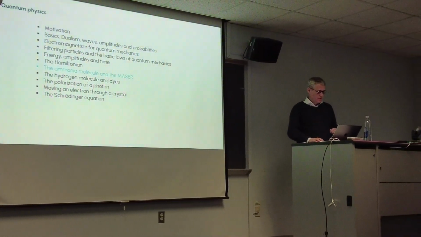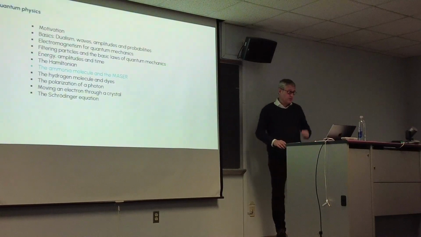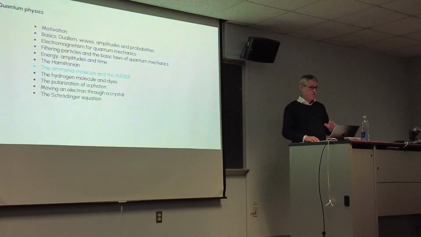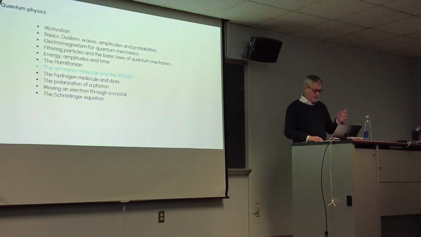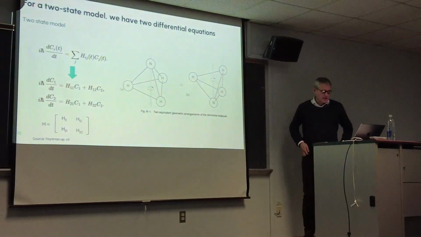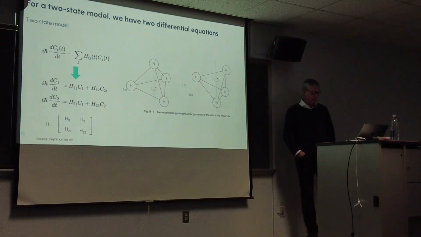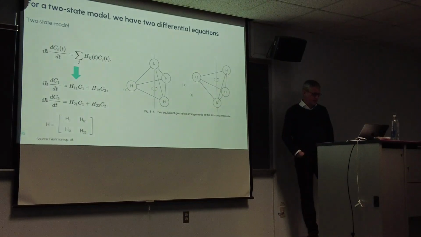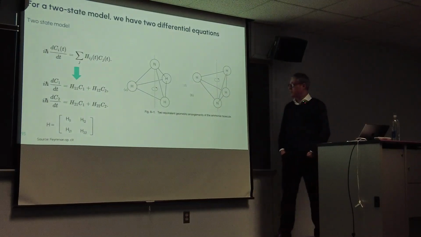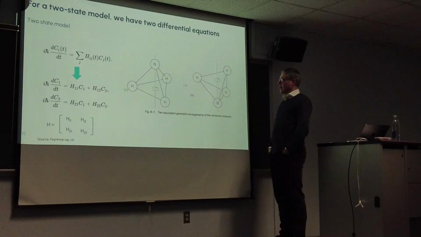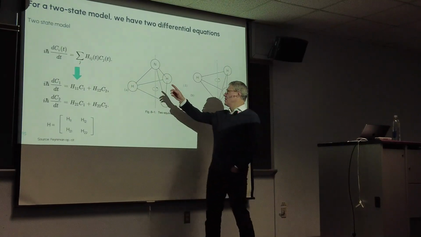Okay? So, and the dyes are a good example for what you can do with quantum mechanics. So I mentioned already, this is a graphical simplifying depiction of the ammonia molecule, which is a nitrogen atom with 3 hydrogen atoms.